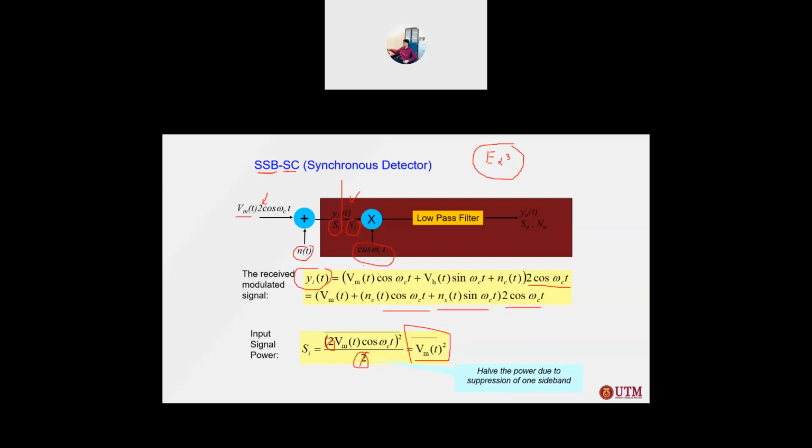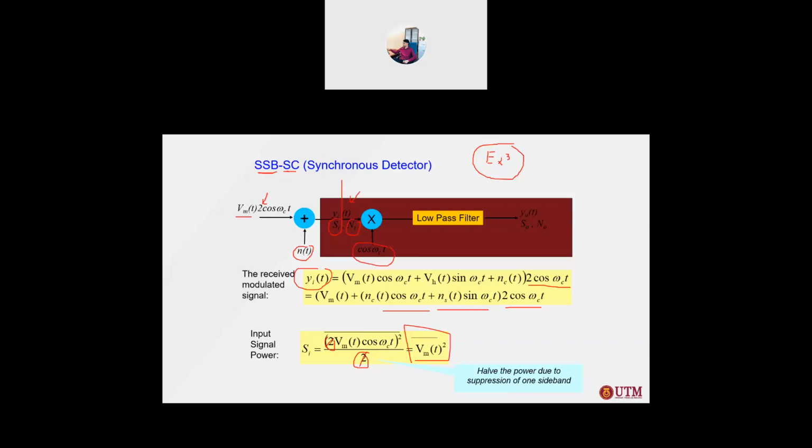After equation 2.49, it mentions after the multiplier, xt equals rt cos omega ct, then you have vmt cos omega ct plus minus vm sin omega ct plus ni cos omega ct. So here they put cos omega ct. They don't put 2.